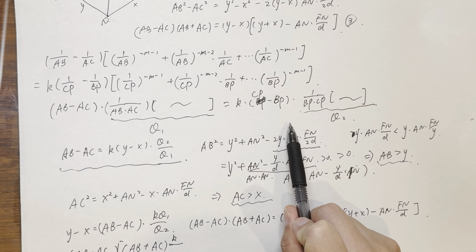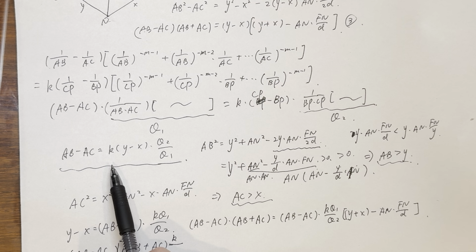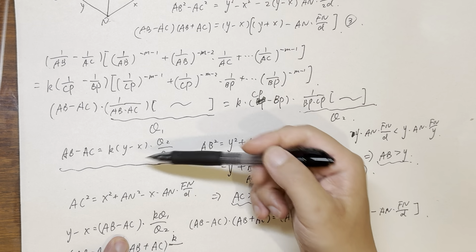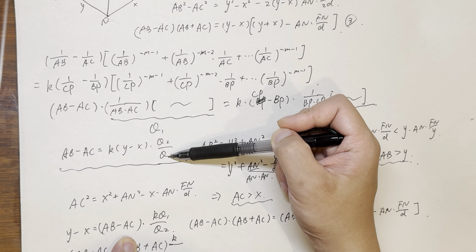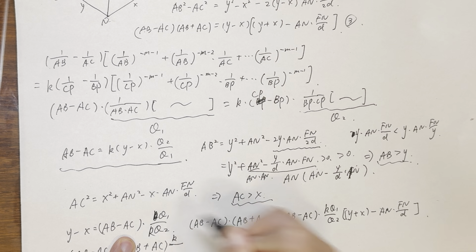So we have that AB minus AC equals 2K times 1 minus X. Yeah, I think that's correct. Which means 1 minus X equals 2 AB minus AC times Q1 divided by KQ2, right?